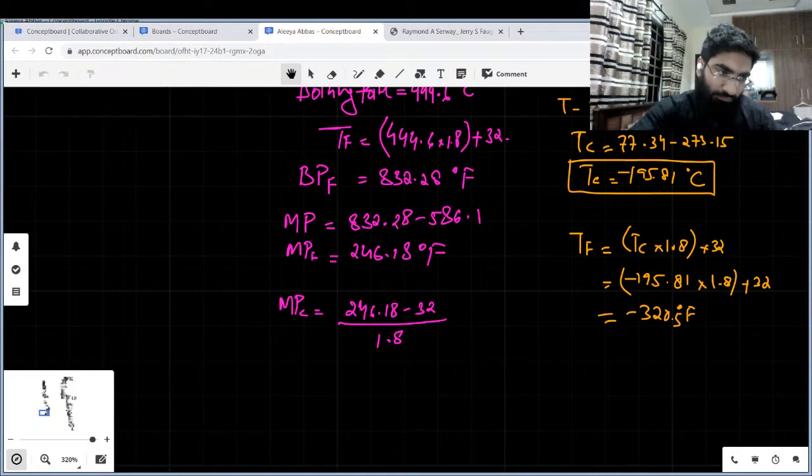Why is it minus 32? Because that's the formula.